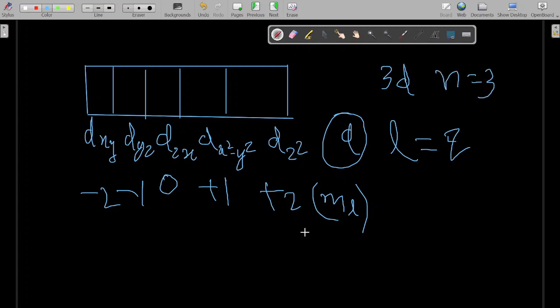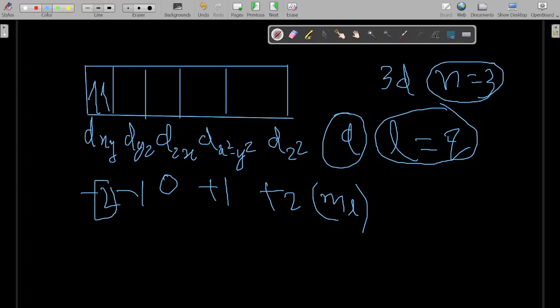Now the fourth quantum number. When I am trying to fill up electrons, I cannot fill up the electrons like this. Why? Because in that case, when we write the spin quantum number, it will be either plus half or minus half.